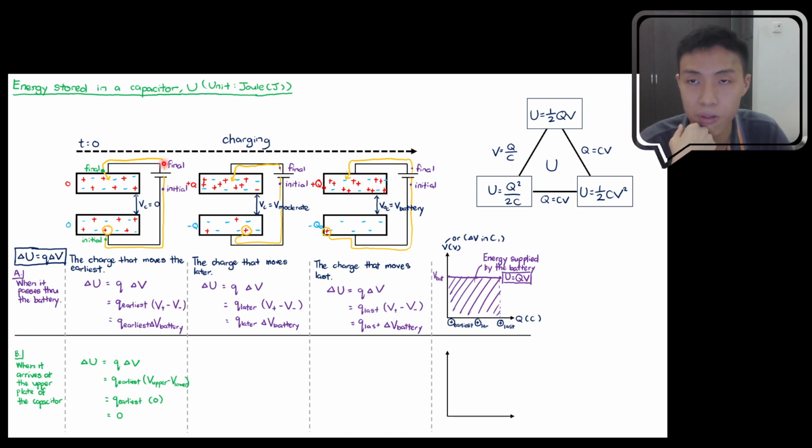You get a gain of 1 joule of energy when it passes through the battery. But based on the green calculation over here, you see that when the charge goes from initial to final, there's no change in energy. So even though you gain an amount of energy at the battery, when you arrive at the upper plate, you are supposed to not have any change of energy compared to initial.